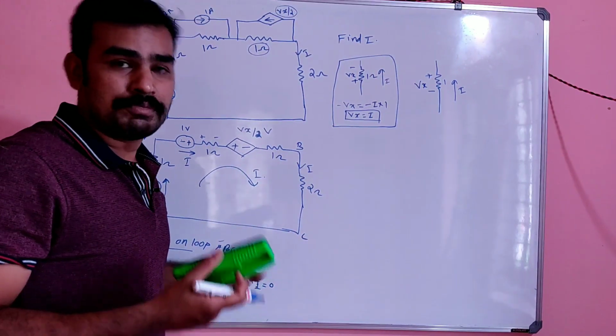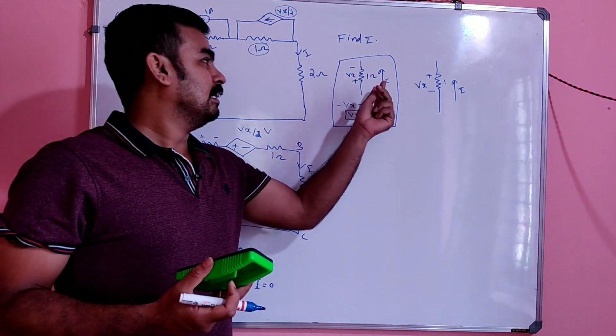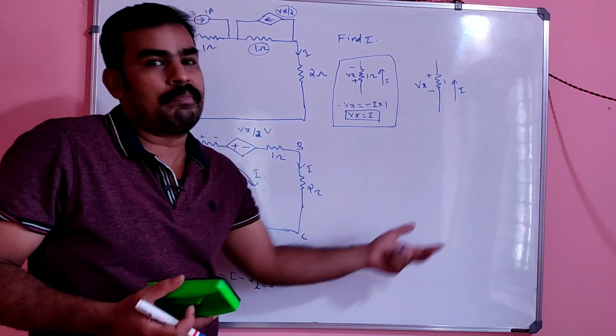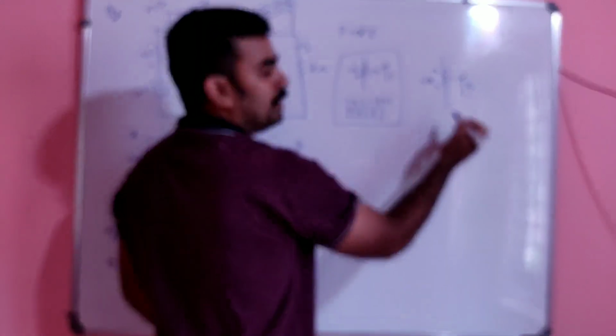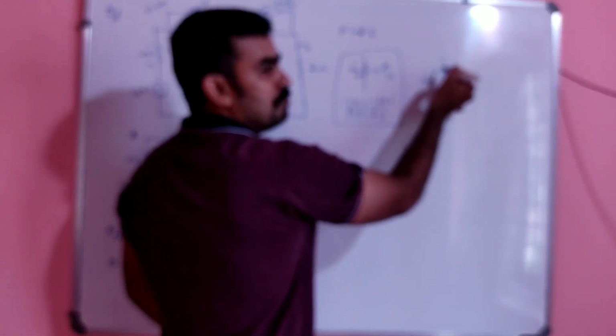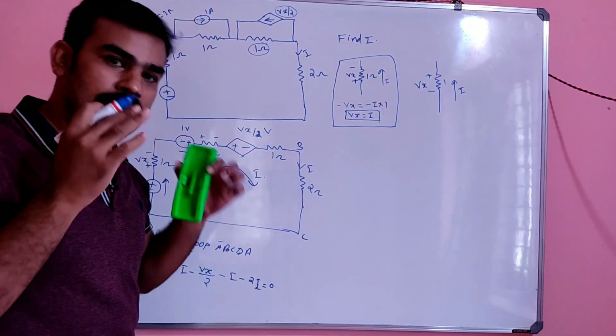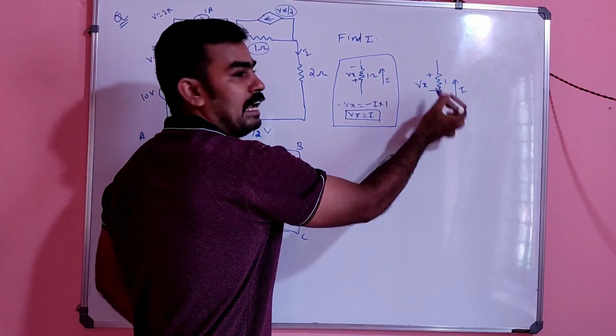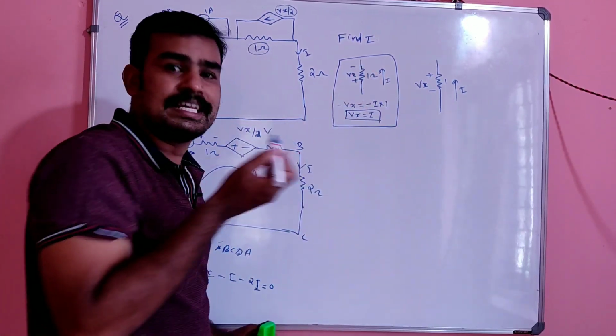It may happen, because there are some parts of the circuit where current tends to flow like this. So due to this, what happened? Again, when I am moving from here to here, listen to me. Whenever you deal with KVL, you have to start from somewhere.